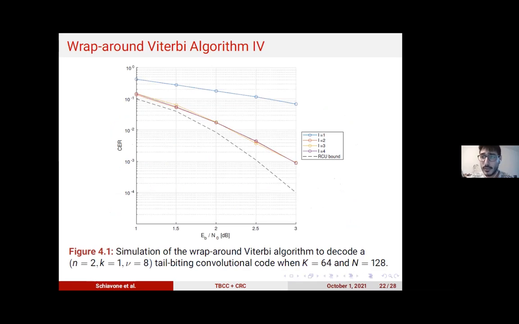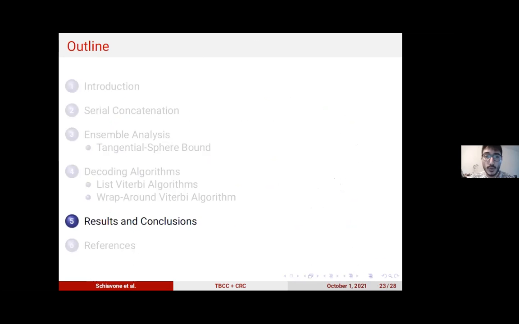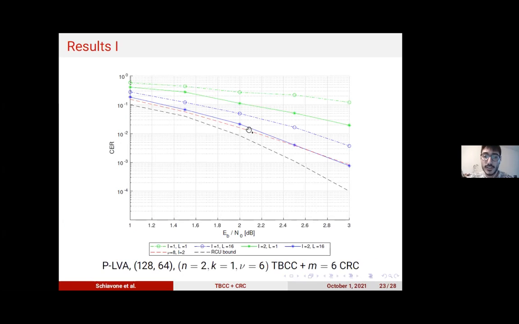Now, can we combine the previous algorithms together and see how they perform? Let's have a look. I'll show you just one possible combination of a tail-biting convolutional code and a cyclic redundancy check code.